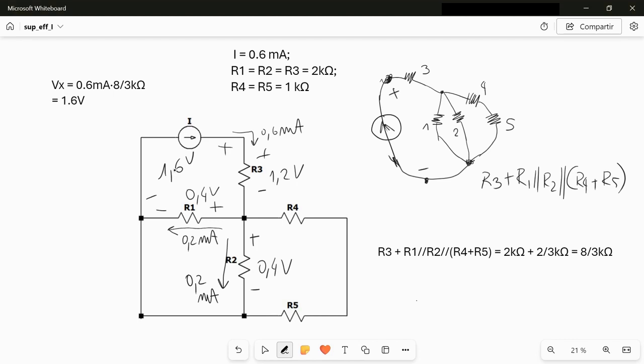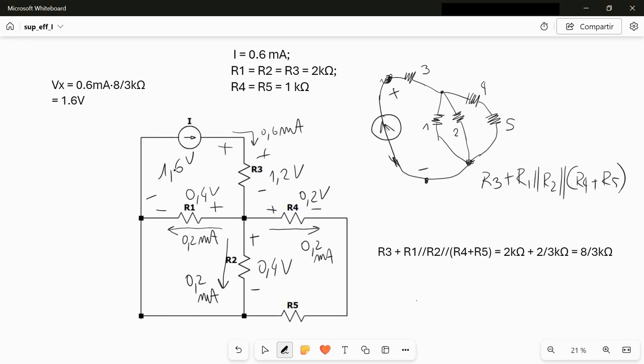So the current coming from this side, 0.6 milliampere, splits into 0.2, 0.2, and on this side must be also 0.2 milliampere. So we can find the voltage drop here, which is 0.2 milliampere times 1 kilo ohm. We have 0.2 volt here.